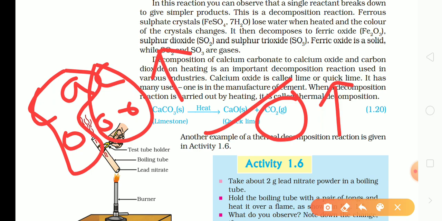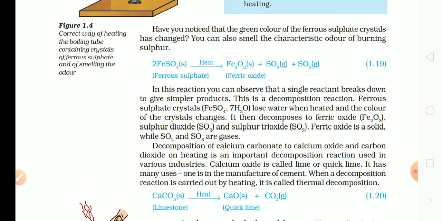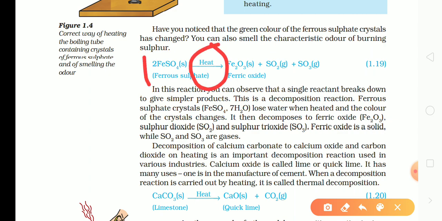Always remember, during combination reactions, energy is given out. But for the occurrence of decomposition reactions, we need to supply energy. So in combination reactions, energy is given out.